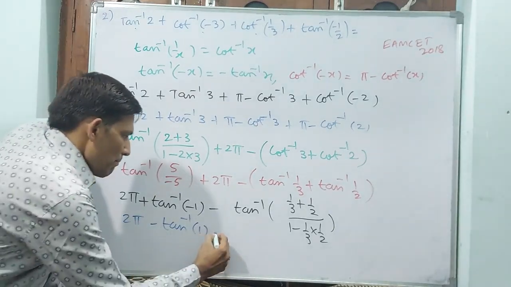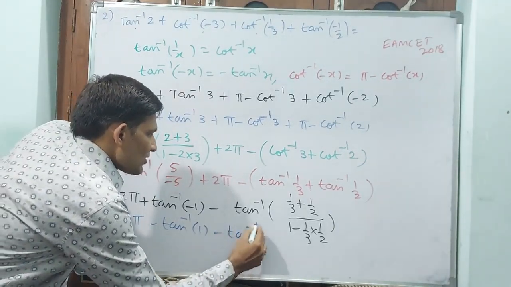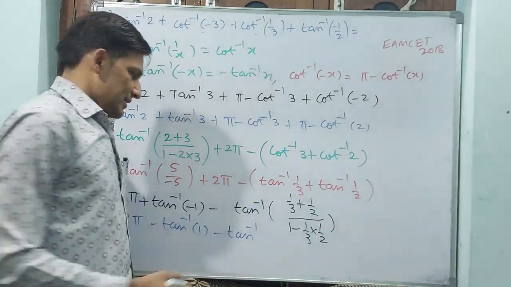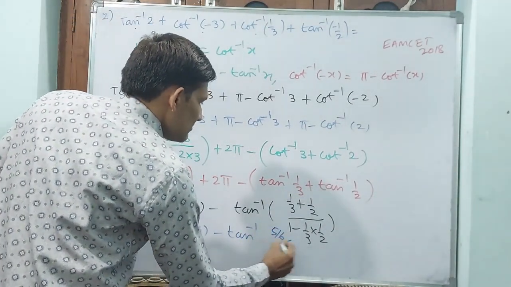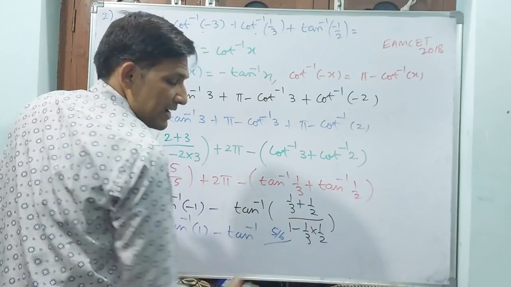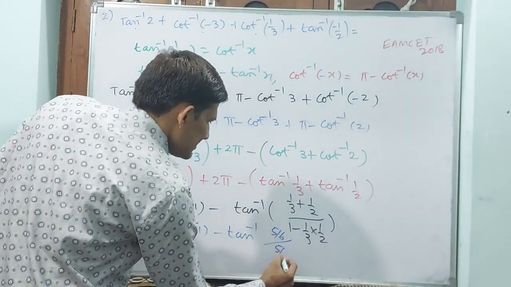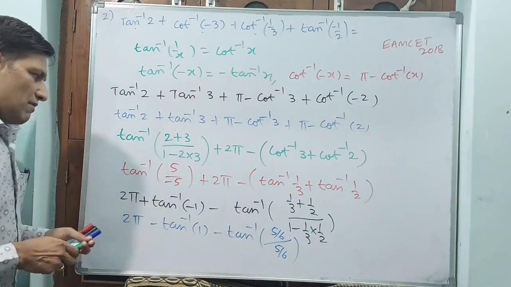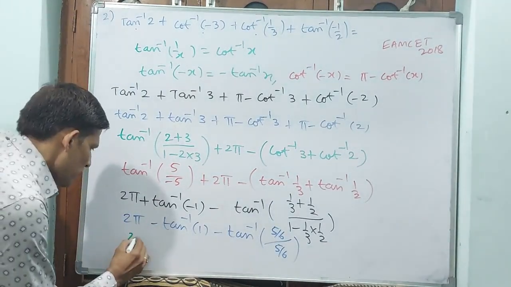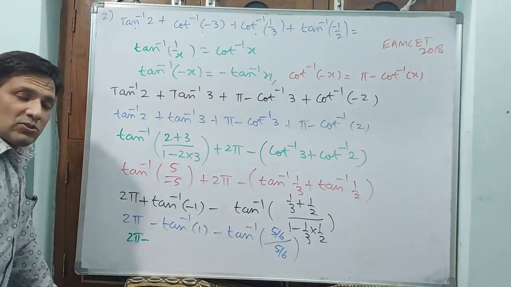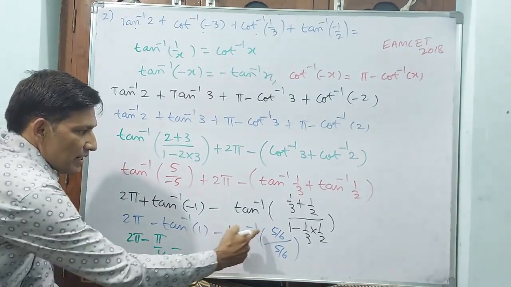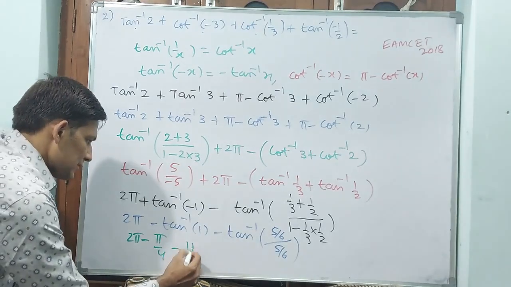Yes. Minus tan inverse of 2 plus 3, 5 by 6, by 6 minus 1, 5 by 6. What you are understanding? 2 pi, tan inverse of 1 is pi by 4, minus pi by 4, minus tan inverse of 1, again pi by 4.